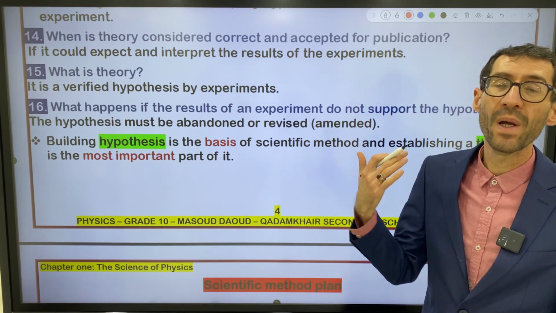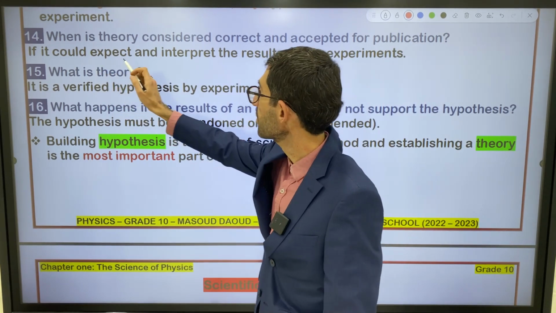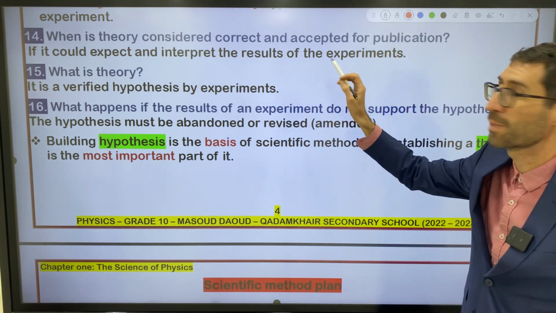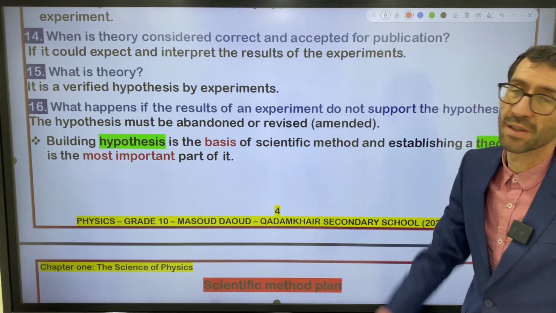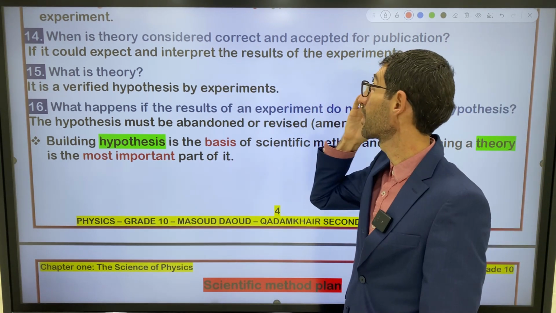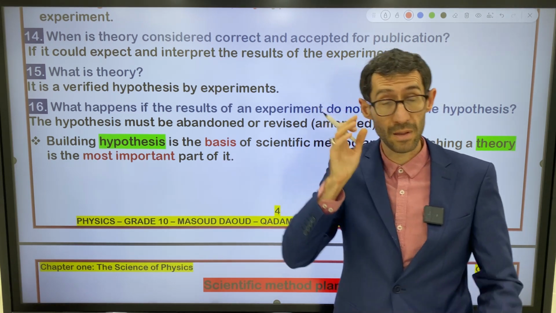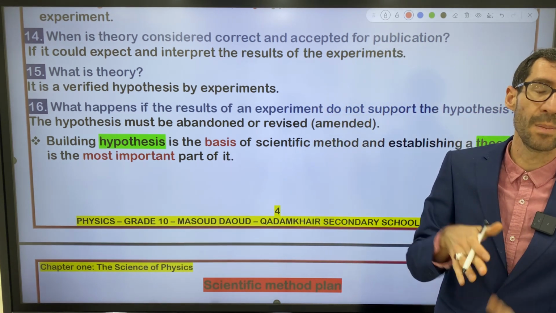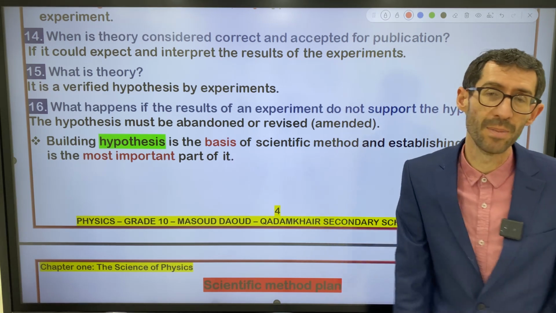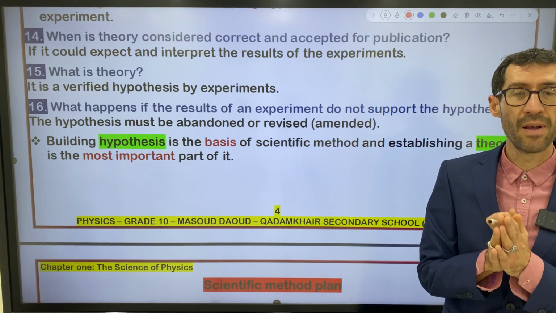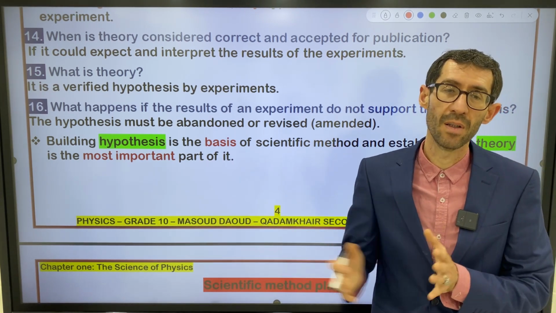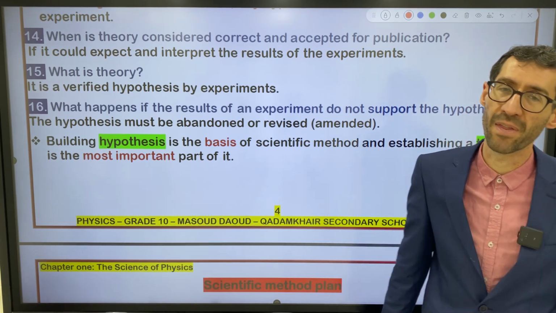When it predicts the results of the experiment. In other words, when the experimental data coincide with the expectation of the hypothesis.